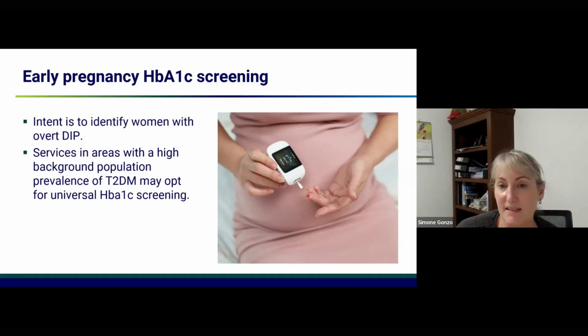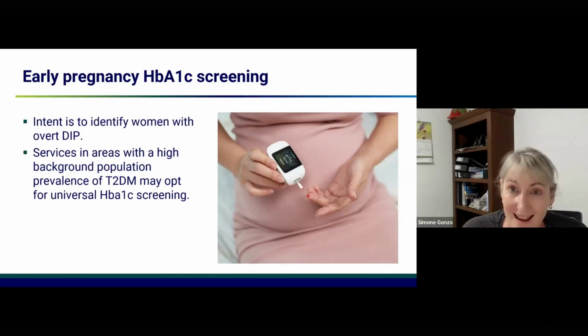It's a fasting blood test, nice and easy, and we can get that in sooner and get those patients out. It hasn't been made a universal recommendation with ADIPS, but I can see in some rural and remote areas where it's difficult to plan an OGTT because of travel and time and all the rest of it, that early HbA1c screening can really alert us to the patients that need early care.